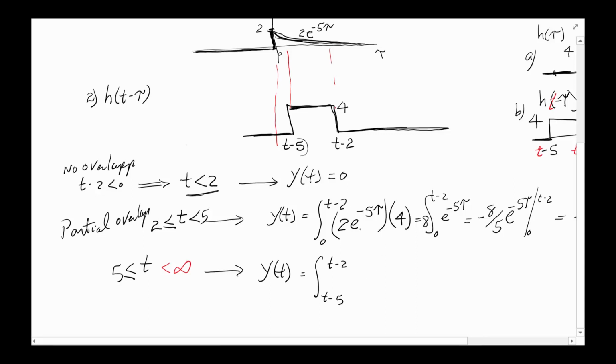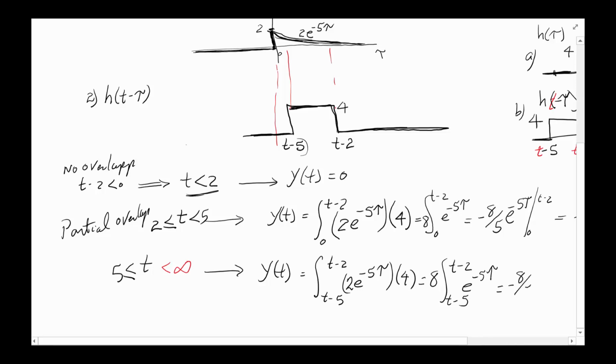The inside of the equation is going to be the same. It's 4 times that. So you're still going to have 2e to the minus 5 tau times 4, and that whole thing becomes 8. This time the integration goes from t minus 5 to t minus 2 of e to the minus 5 tau. It's very similar, right?